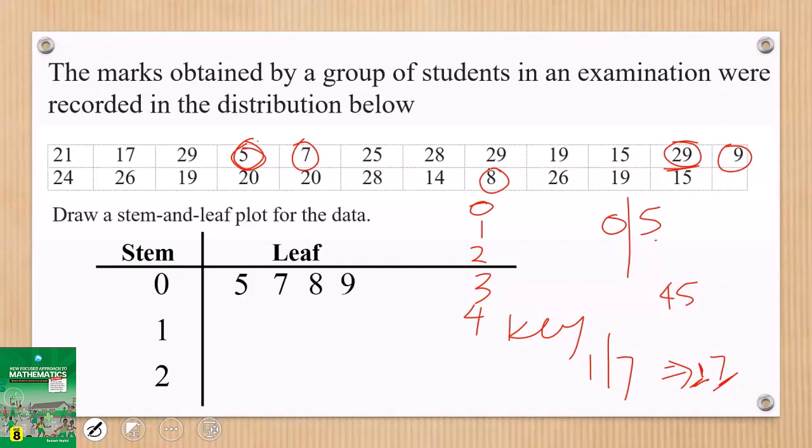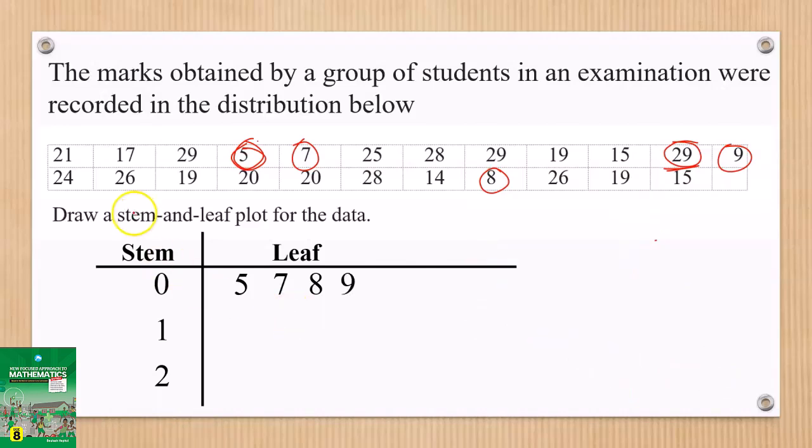Then we come to the numbers with 1 as their stem. Starting from 17 here, 19 here, 15, and the least among them will be 4.